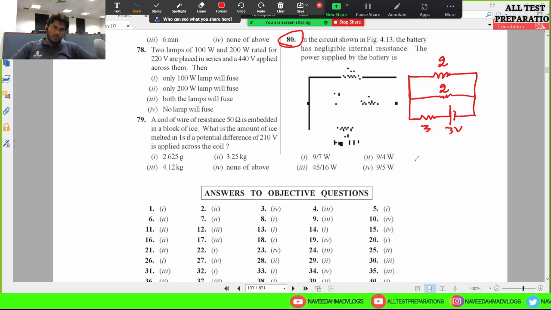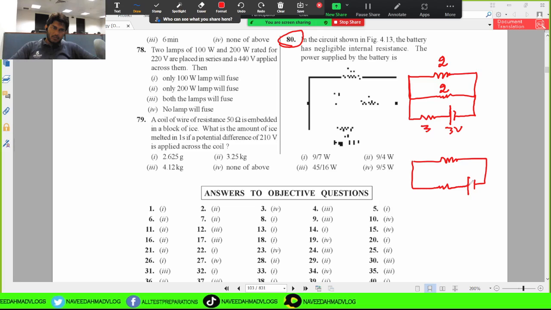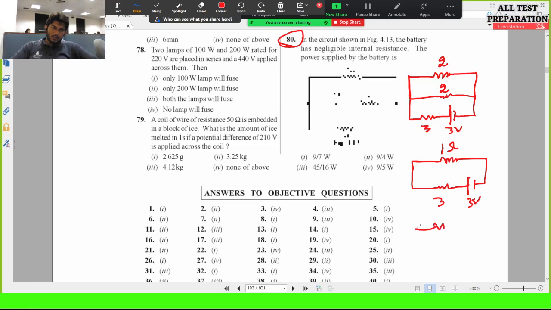So what you will do, you need to minimize this circuit. Same resistances in parallel will become half, so 2 divided by 2 is equal to 1 ohm, and here we have 3 ohm. Now both are in series, so you will get resistance equal to 4 ohm.